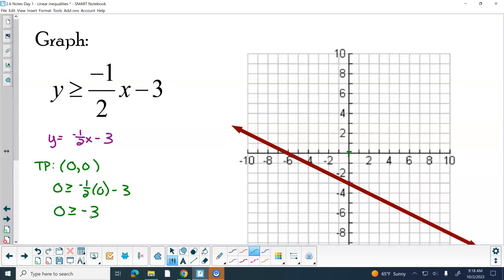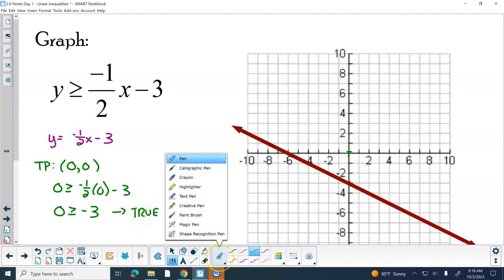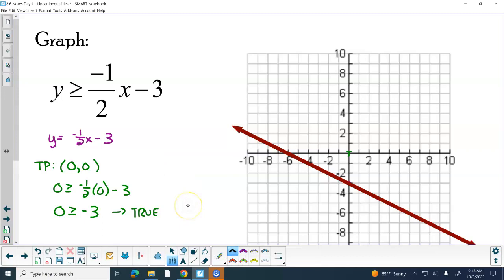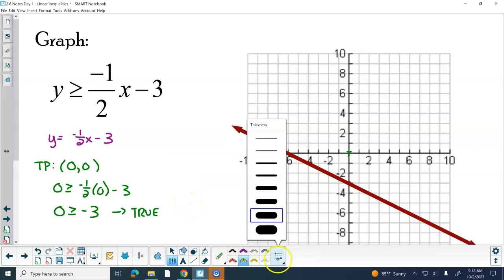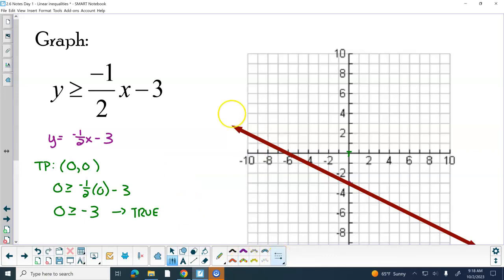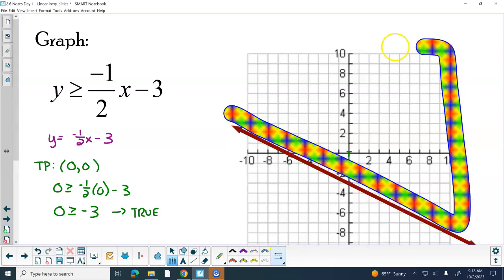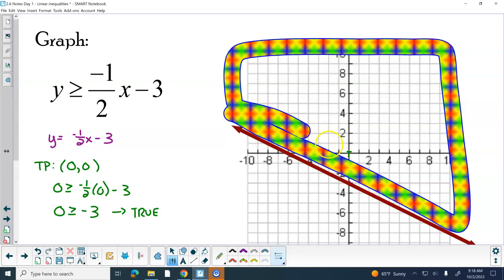Yes, it is. 0 is bigger than all negative numbers. So that is a true statement, so we need to shade this entire side.